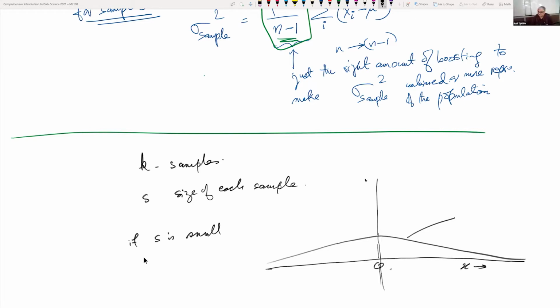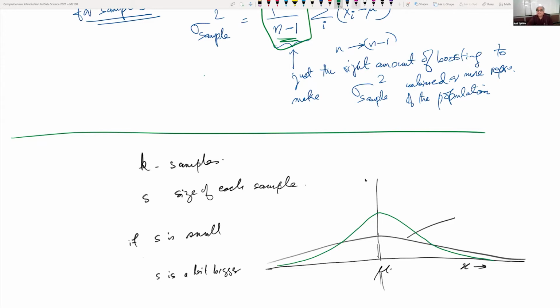This is 0. You will notice that this is the actual mu, and the distribution will be like this. If S is more reasonable, slightly bigger, let us use a different color, then it begins to get narrower.